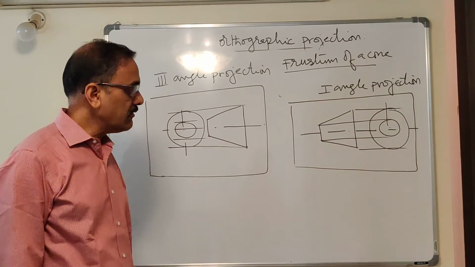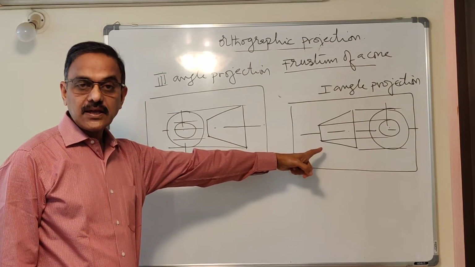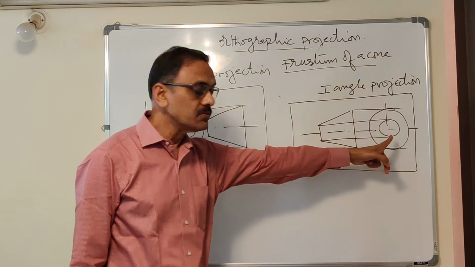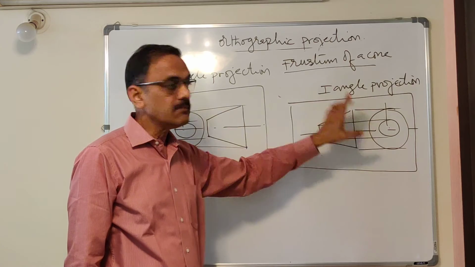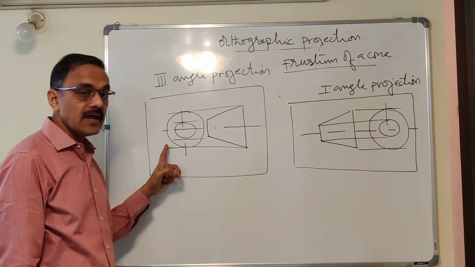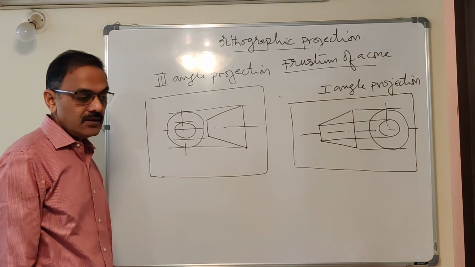And then I had given you the symbol. This is how the symbol appears for first angle projection. This is the front view of the frustum of the cone. This is the left view. The left side view is drawn on the right. That's why it becomes the symbol for first angle projection. Similarly, the left view is drawn on the left here. That becomes the symbol for third angle projection.